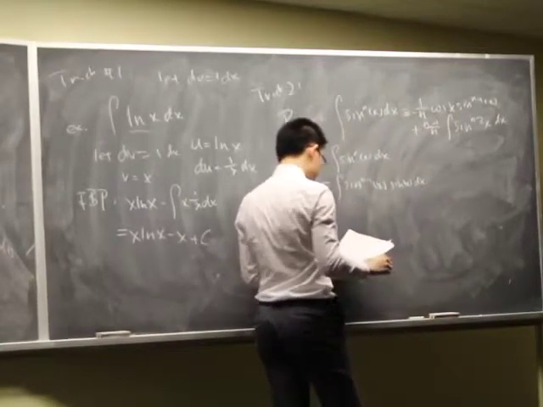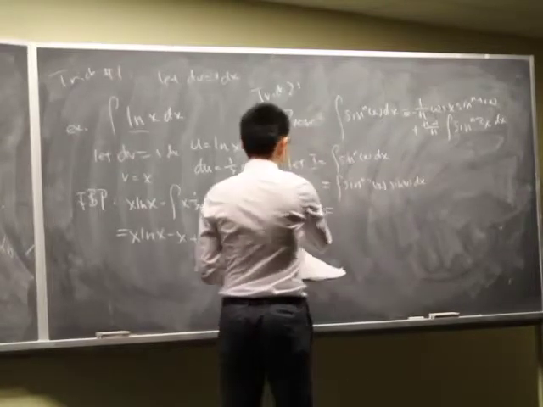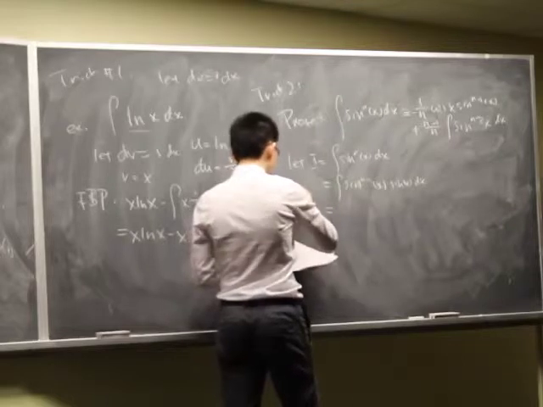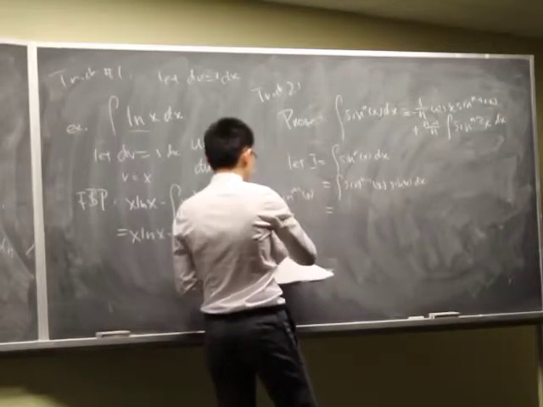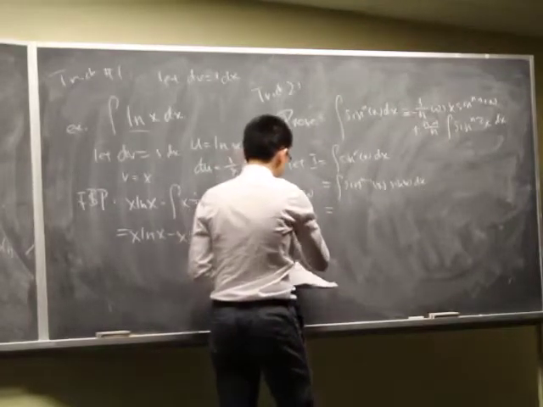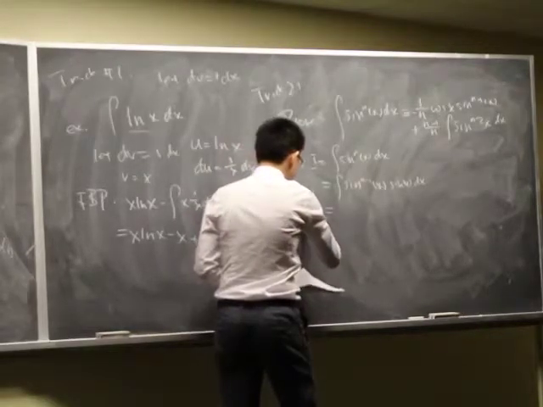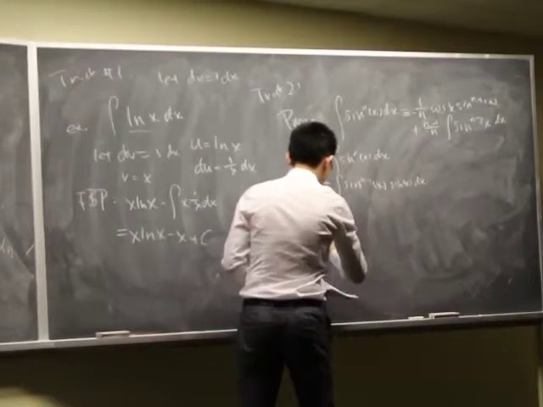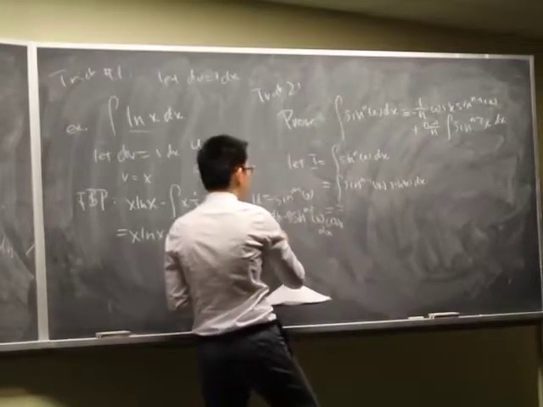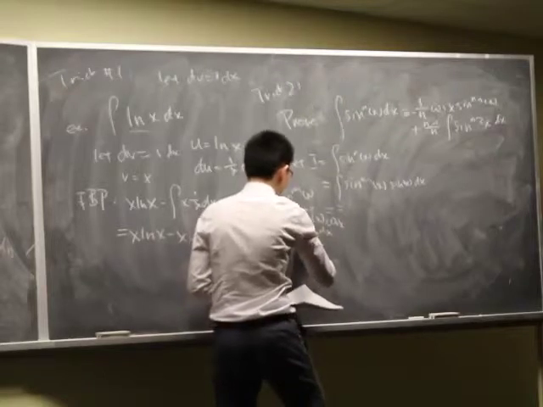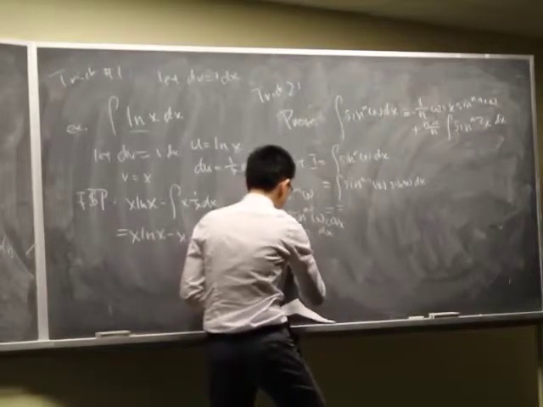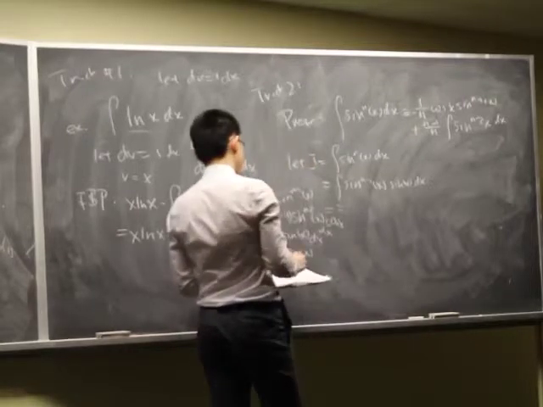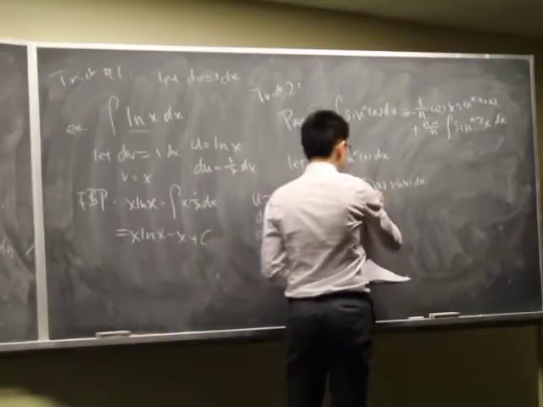Integrating by parts, let u be sin^(n-1) x. du is going to be (n-1) sin^(n-2) x cos x dx. dv is sin x, and then v is negative cos x. All right, so applying the integration by parts.